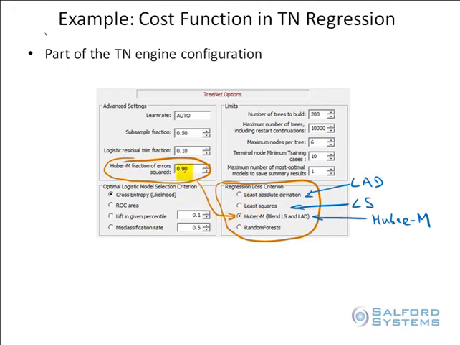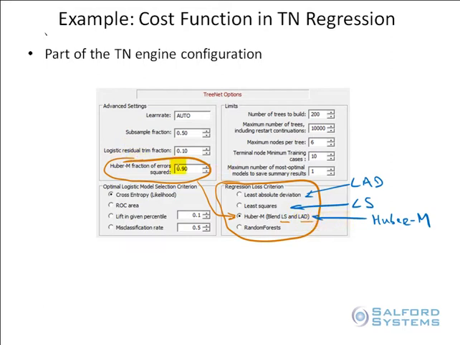And what that 0.9 represents is that at the end of any given iteration, once TreeNet pauses in order to calculate the Huber-M cost function, it generates all of those residuals, takes absolute values, sorts those residuals, and then takes 90% of the smallest residuals, pushes them through the least squares component, and the 10% of the largest residuals will go through the LAD component.